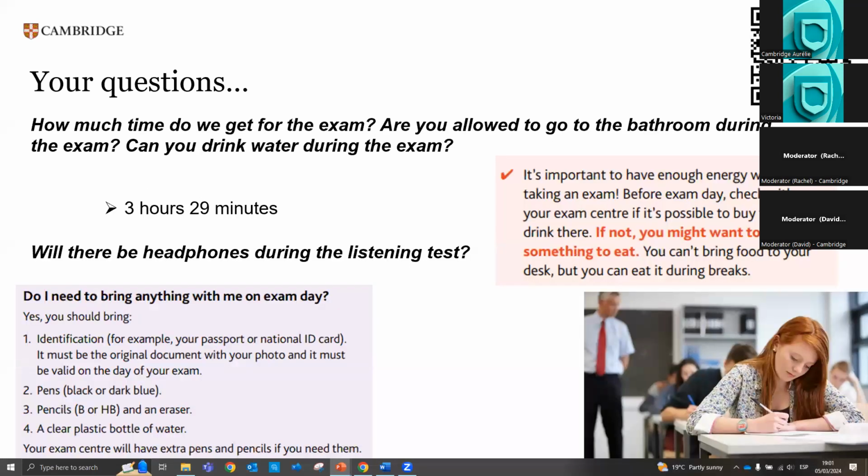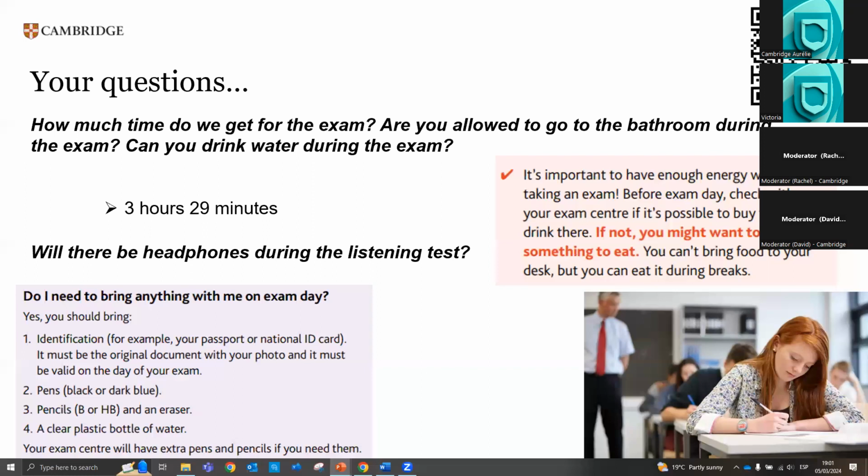Questions about exam day. How much time do we get for the exam? How long is the exam? Are we allowed to go to the bathroom during the exam? Can we drink water? Well, all this information is included in the information for candidates, with information about what you can bring to your desk. You cannot bring food. You can bring a clear plastic bottle of water.